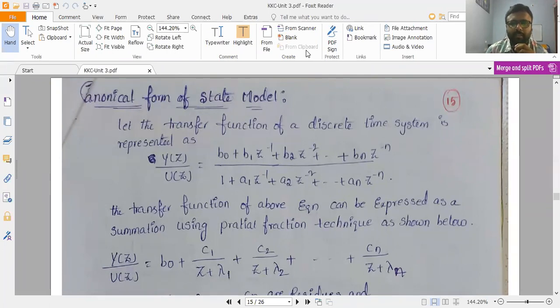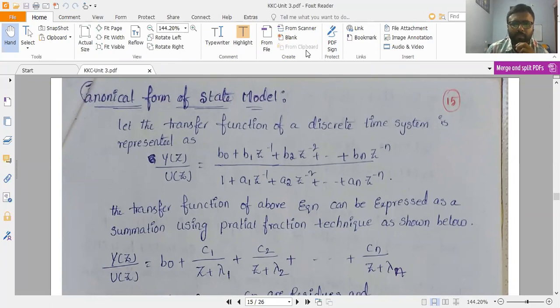For that, let us consider the transfer function of a discrete system, which is represented by output divided by input, that is Y(z)/U(z) = (b0 + b1 z^-1 + b2 z^-2 and so on up to bn z^-n) / (1 + a1 z^-1 + a2 z^-2 and so on up to an z^-n).